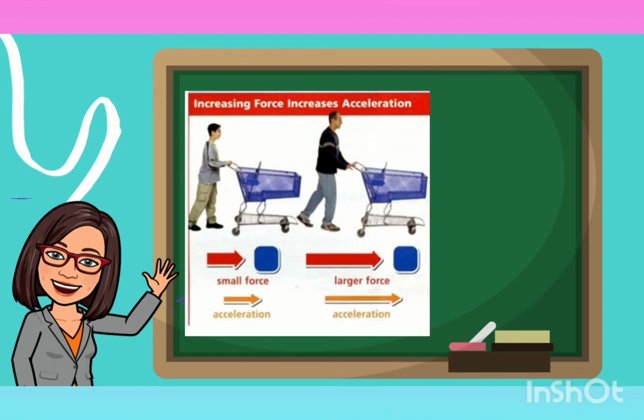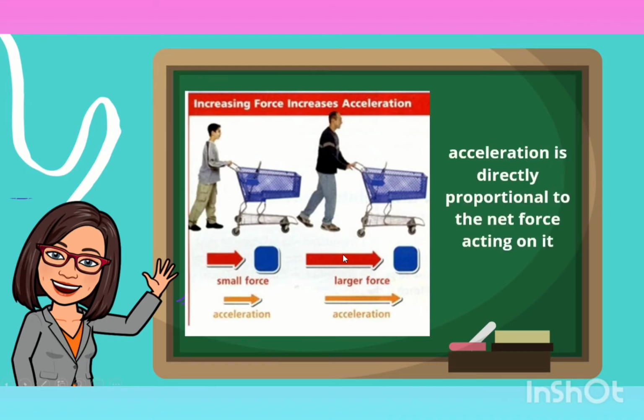Therefore, if the amount of force is directly proportional to acceleration, then the larger the force, the greater its acceleration. The smaller the force, the lesser its acceleration, because acceleration is directly proportional to the net force acting on it.